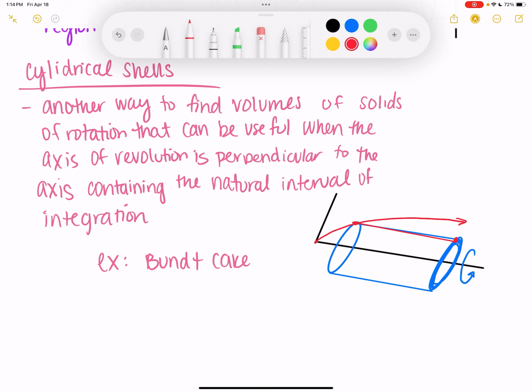So this line here is, hold on, make sure I've got this right.